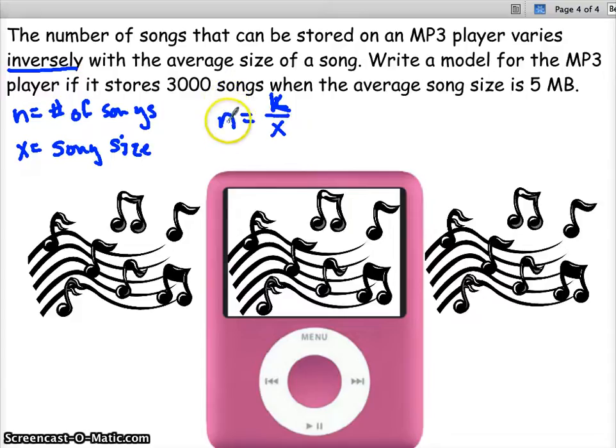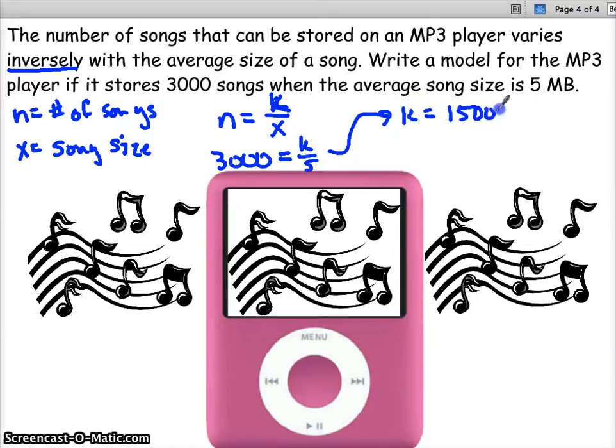Now you can take your given information. There are 3,000 songs when the songs are 5 megabytes in size, so k over 5. If you multiply 5 over to the other side, k ends up equal to 15,000. And if you rewrite the model, n then equals 15,000 over x.